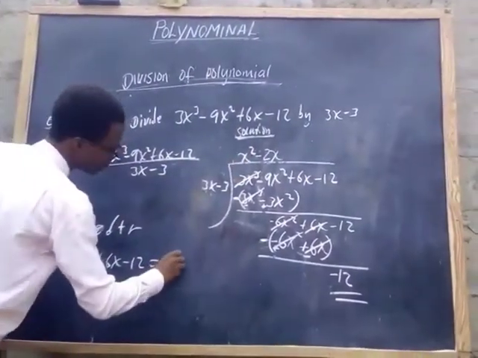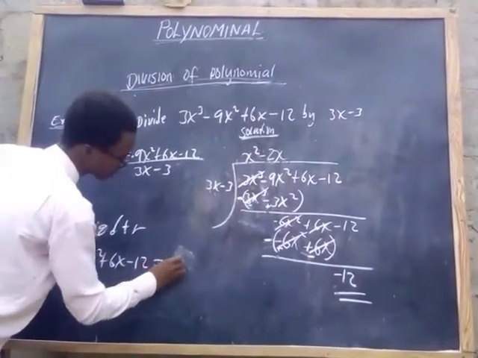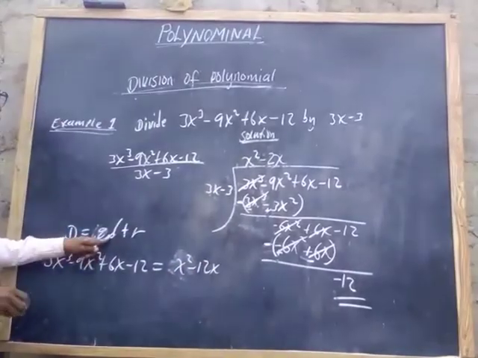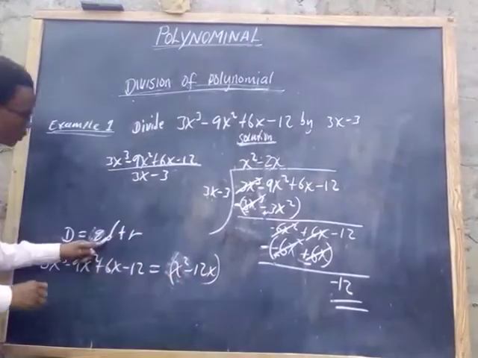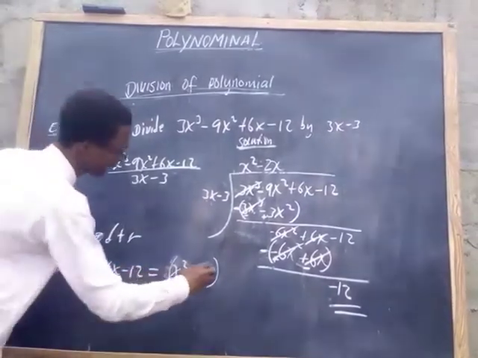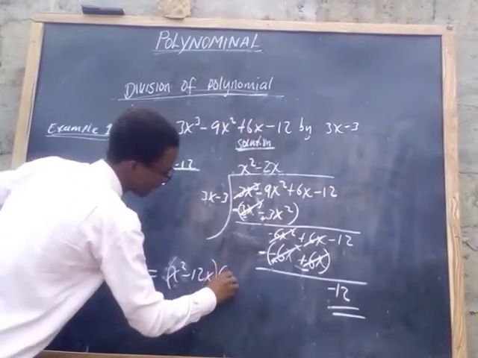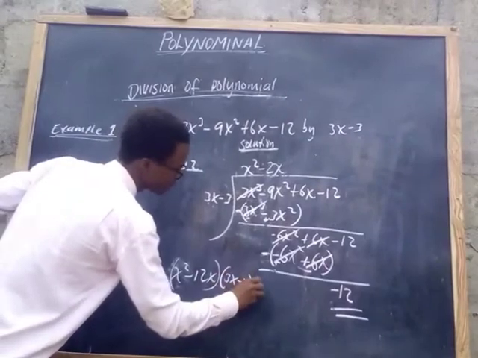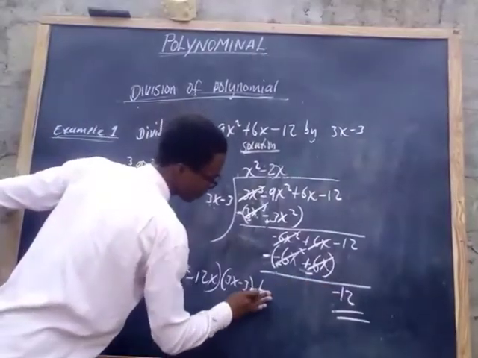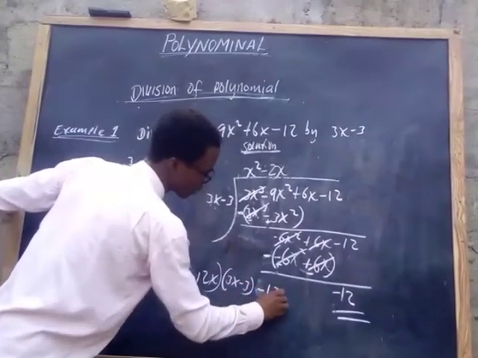Is here. x squared minus 2x. You see? Brackets. Good. What is this? Is this one the dividend, or the divisor? 3x minus 3 plus, what is this? The remainder. What is the remainder? Is this minus 12. Minus 12.